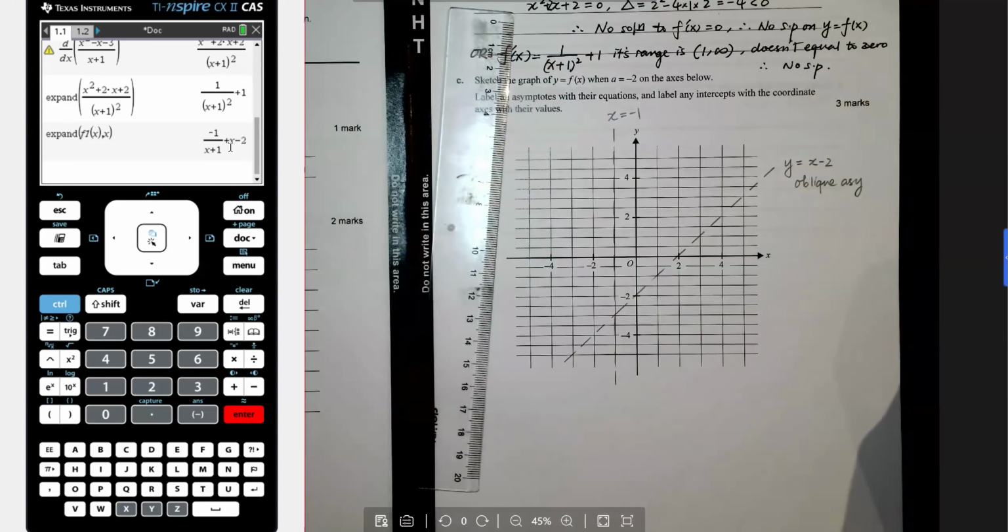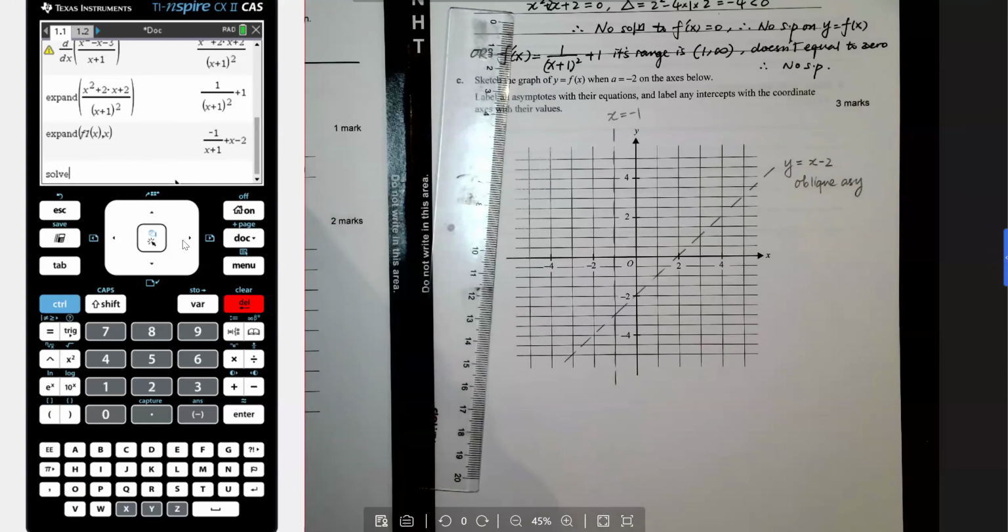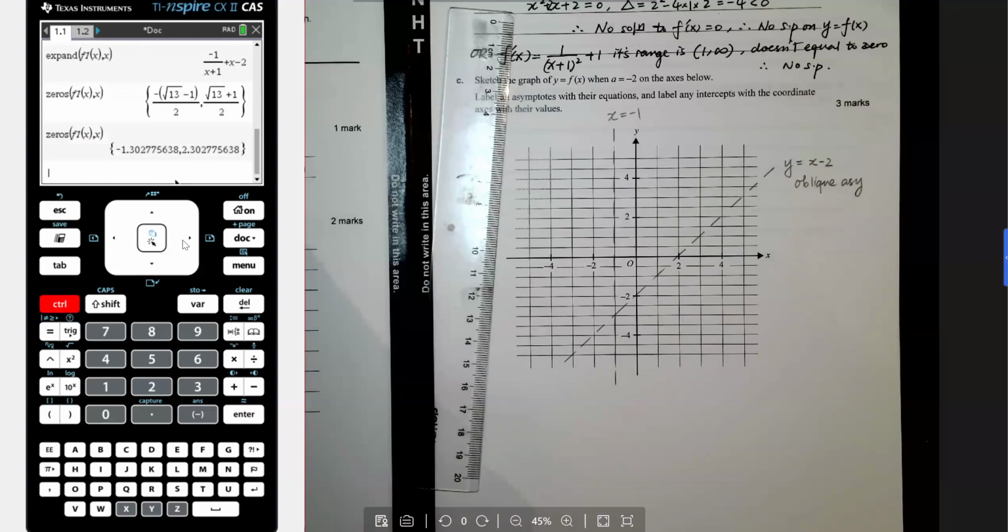And the next thing is when you look at the shape, you probably want to solve the equation or just use zeros. F1 of x. Okay, this is (1 minus root 13) over 2, and this is 2.3 something, (root 13 plus 1) over 2.